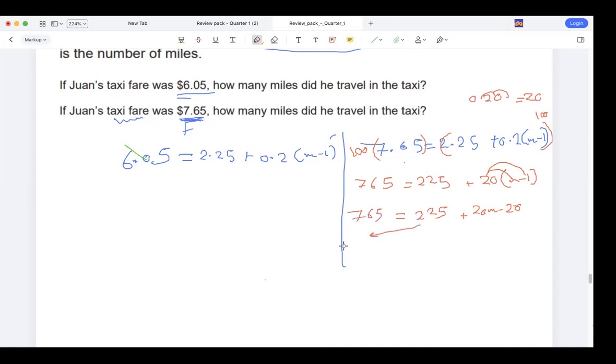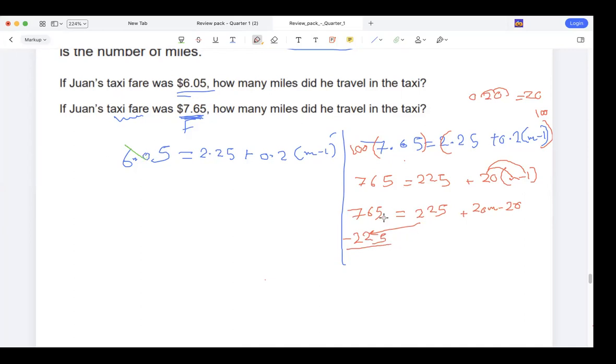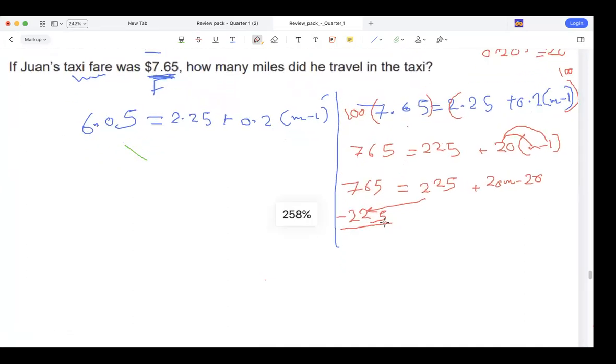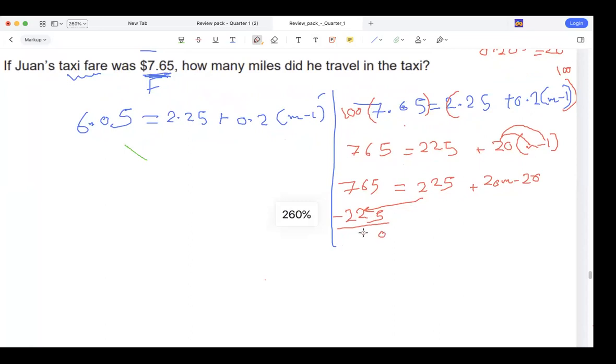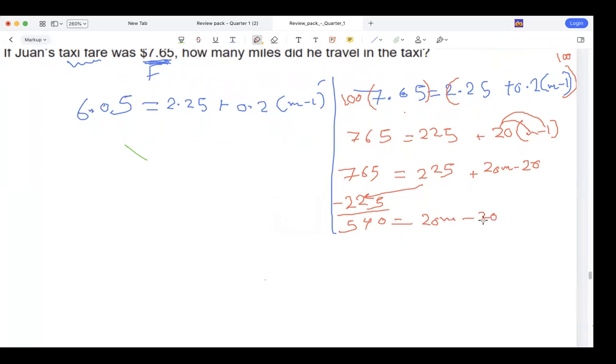We'll move the 225 with its negative sign: minus 225, correct? So 765 minus 225 equals 540. Very good. Equals 20m. Bravo. 20m minus 20.